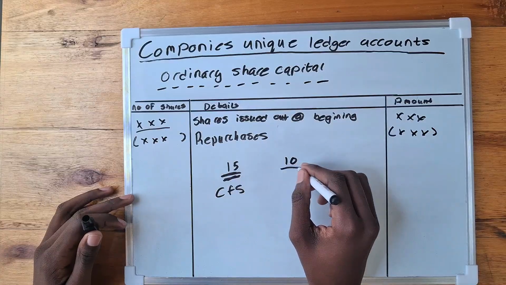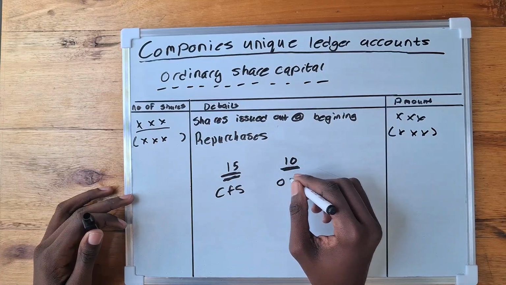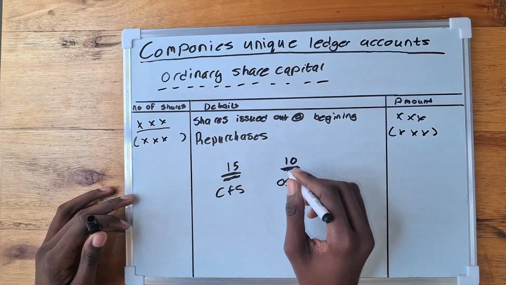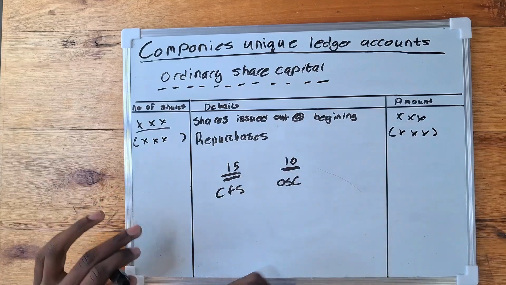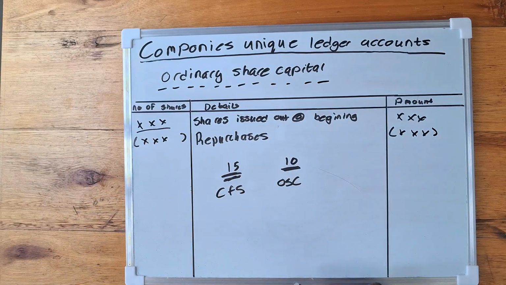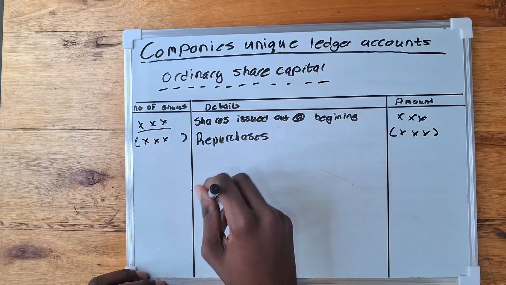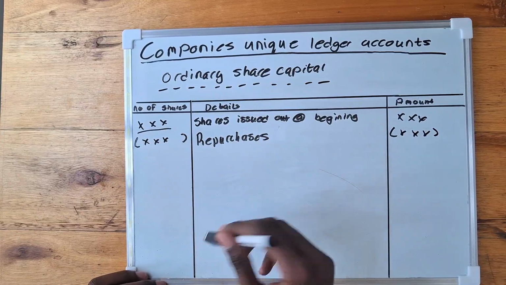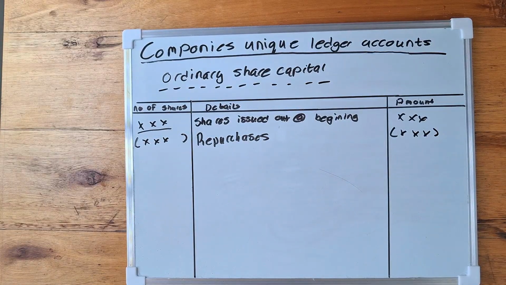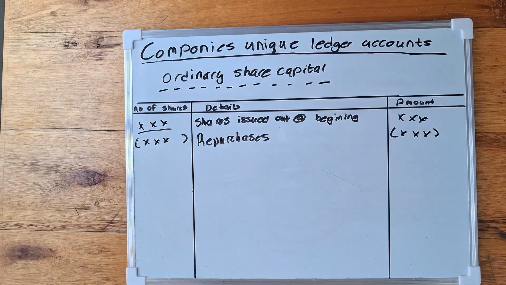So we are going to record the 10 rands here, which is the ordinary share capital amount, the value of the share. Please do keep note of that, because this is where most people make mistakes. They confuse the two, then they lose their marks. Someone could have gotten 80%, but they're now getting 70% or even lower.